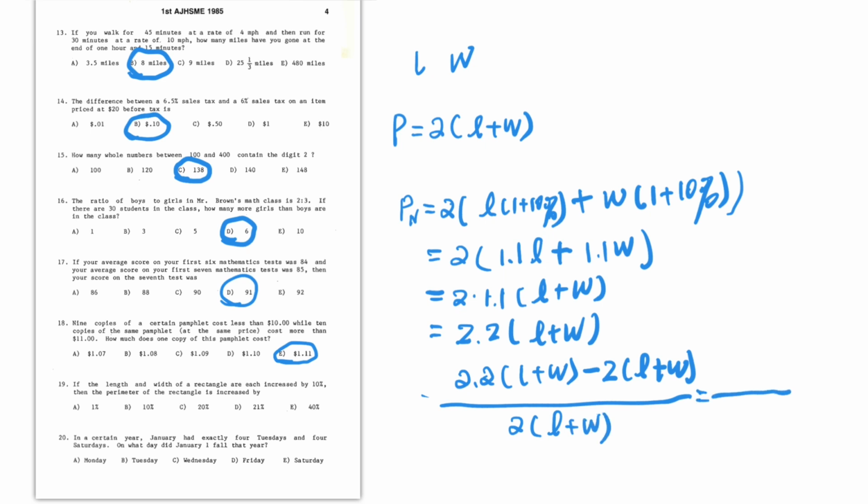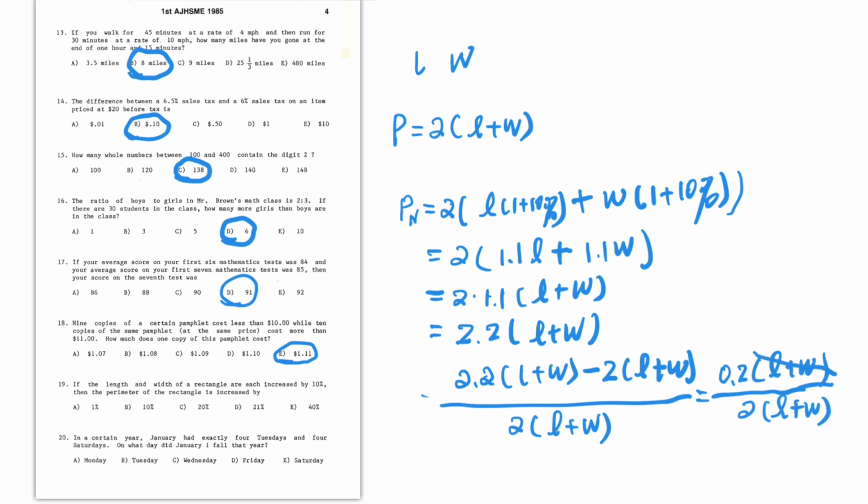The numerator is 2.2 minus 2, equal to 0.2 (length plus width). The denominator is 2 (length plus width).